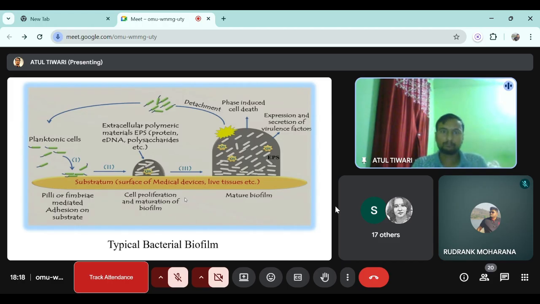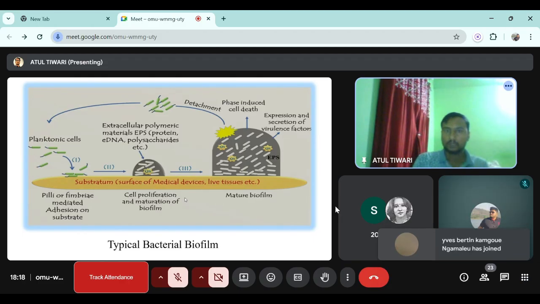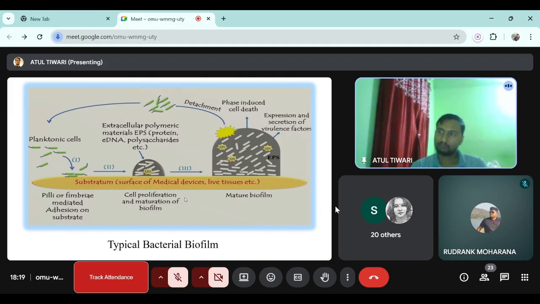The most important and most dangerous form of microbes, which are very threatening, is the typical bacterial biofilm. Once bacteria or fungus form a biofilm, it is very hard to remove or kill the bacteria inside it. So the current challenge in nosocomial infections is bacterial biofilms, because in ICU systems, medical devices or catheters are usually used to relieve the patient, but most of the time bacteria or fungus form a biofilm on that catheter or medical device and get protected by extracellular material from the outside pressure of antibiotics.